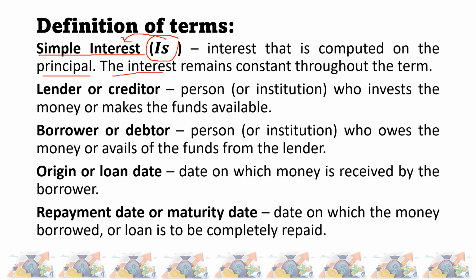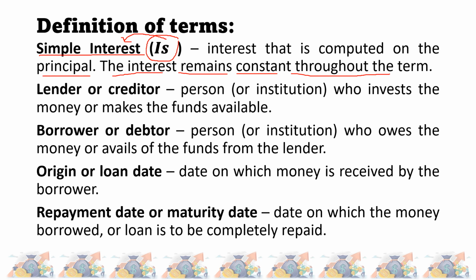The interest remains constant throughout the terms, meaning whatever your interest from your first term, it is the same with the interest up to your last term of payment. So in each term of payment, there is a constant interest, and that is called a simple interest.